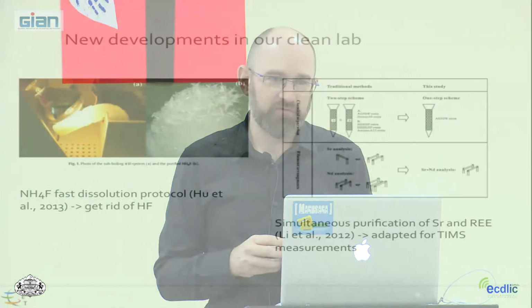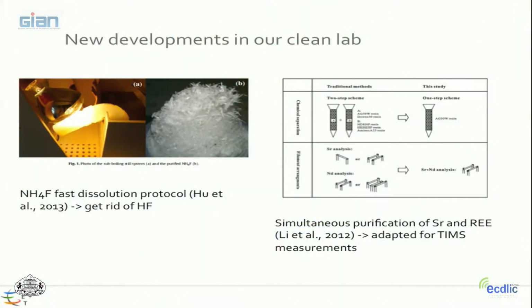To finish, my objective is to get rid of fluorhydric acid in my lab. I have between 40 and 80 people working per year in my lab, and it's very difficult to watch out to be sure that they are not doing something very dangerous. You can have some accident, and HF is very dangerous.